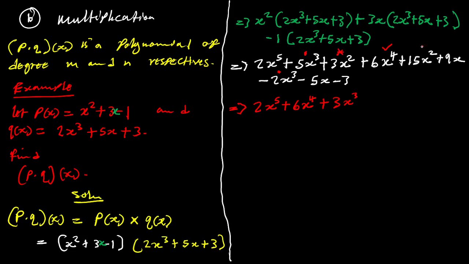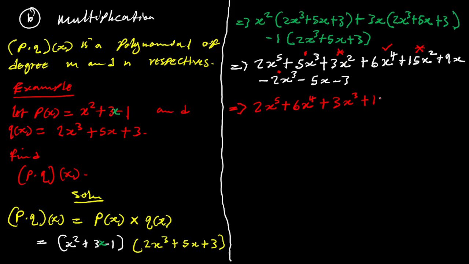It is there, and that one there. So if you look at the squared, it is 3x squared plus 15x squared. It's going to give you 18x squared. Then you have the other guys, which are 9x and the negative 5x.